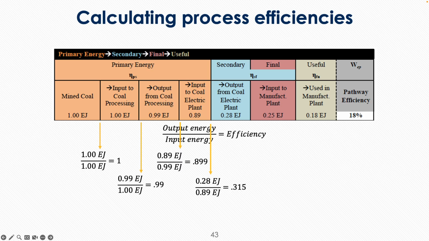The biggest loss is going to be here, 0.89 to 0.28. That's the thermal losses from actually combusting the fuel and turning it into electricity. So in this case, you have a 31.5% efficient coal plant.